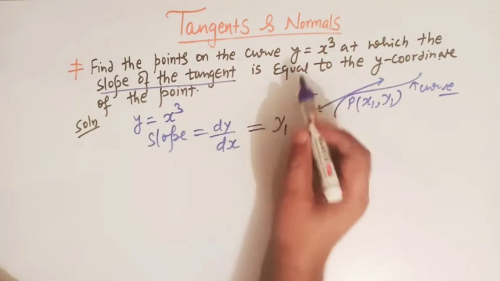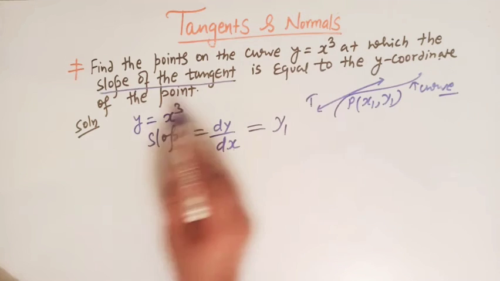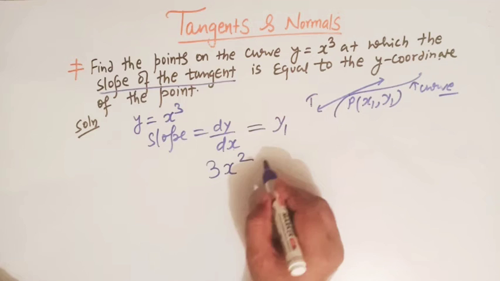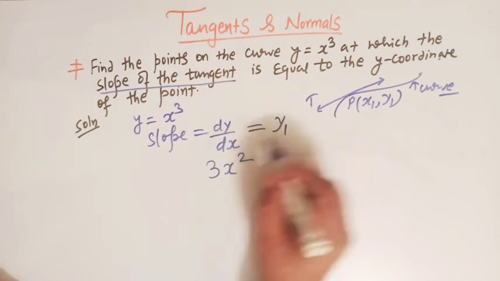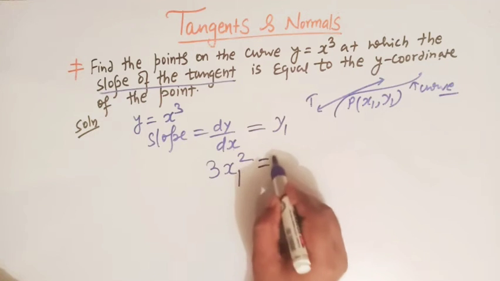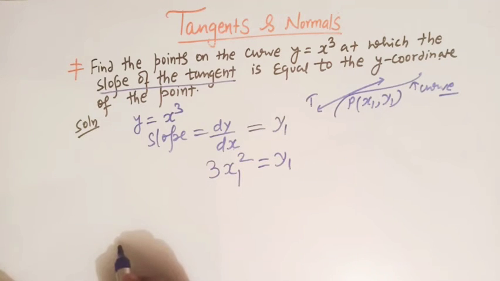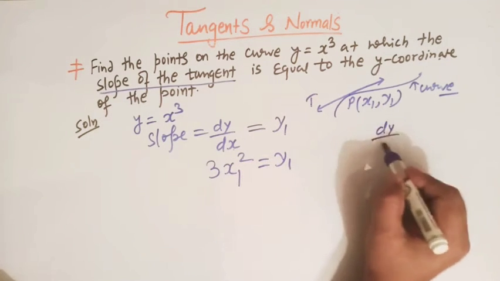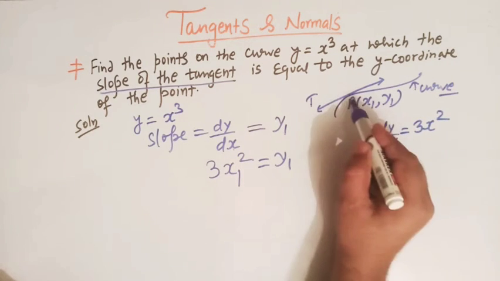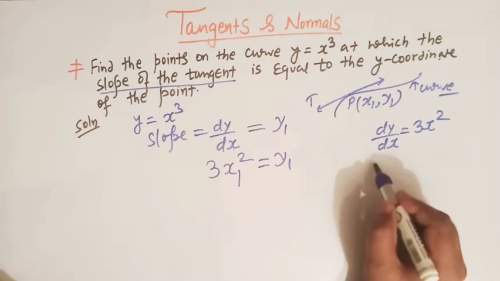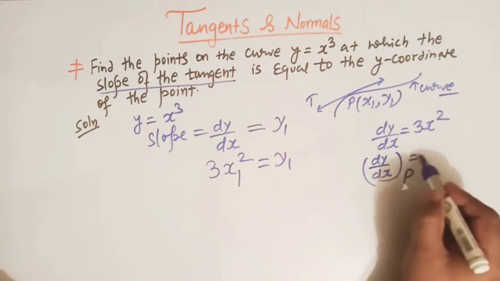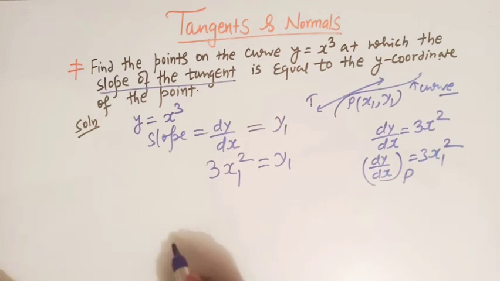So dy by dx, if we differentiate this function, we get 3x square, and at this point we have 3x1 square equal to y1, right? Because dy by dx is 3x square, and at this point P, dy by dx is 3x1 square.